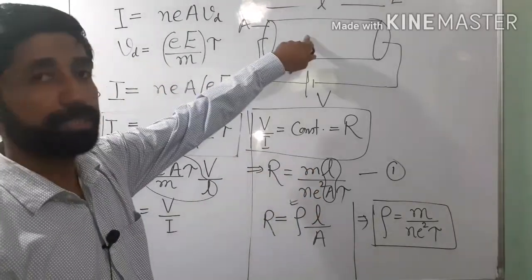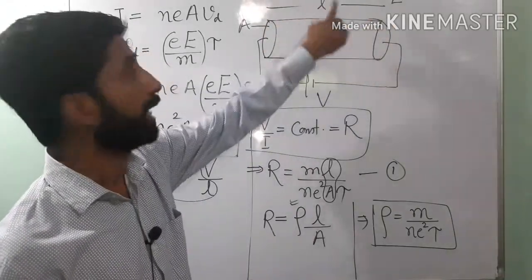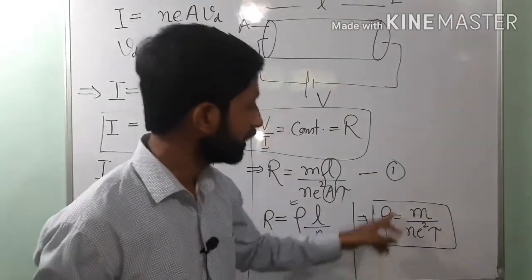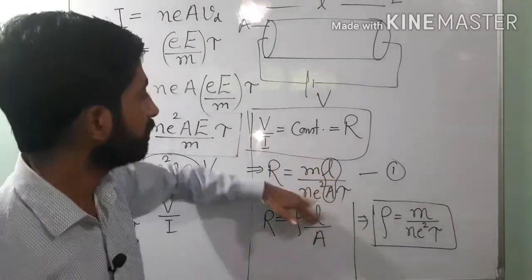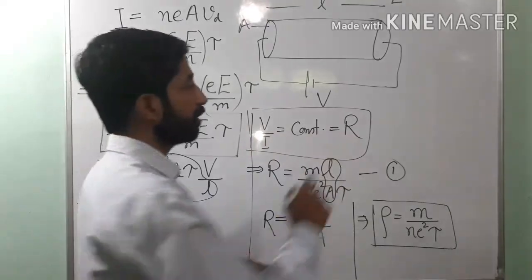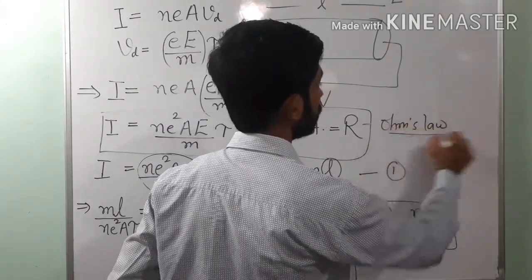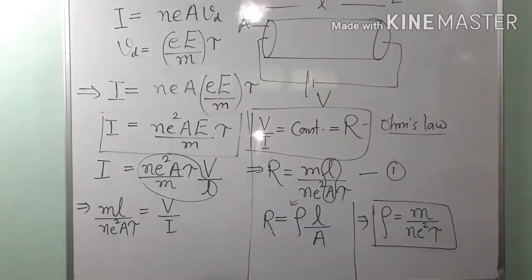At a particular constant temperature and particular physical dimensions, that is L and A fixed, this quantity remains fixed. So this R becomes again a constant. We are going into V over I equal to constant, that's giving you Ohm's law. Okay, so this is very clear and intuitive, there should be no doubt regarding this.